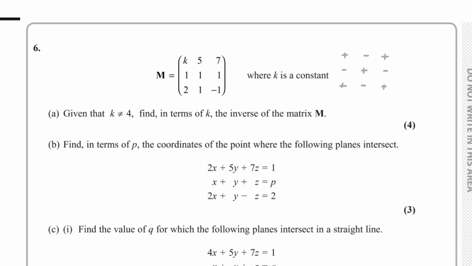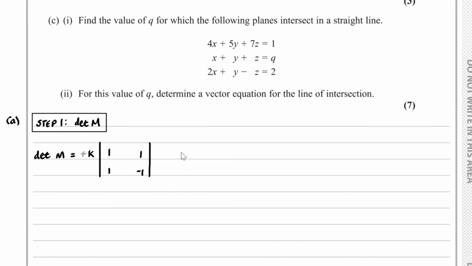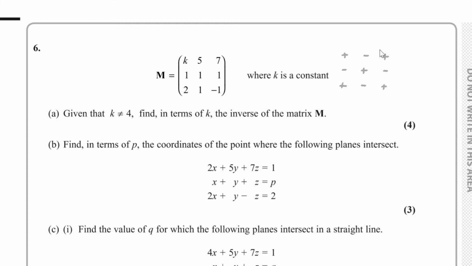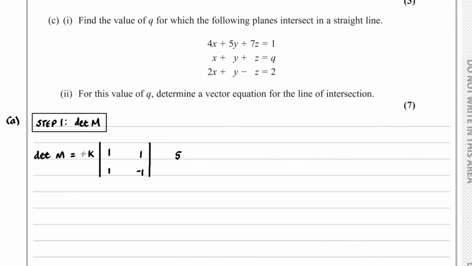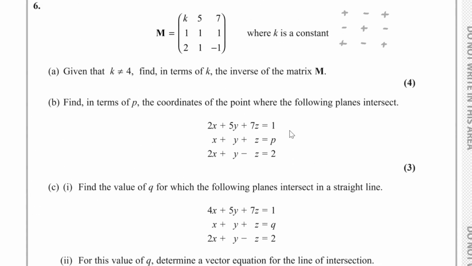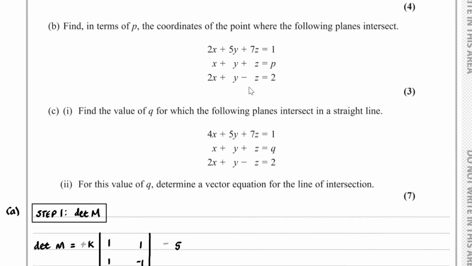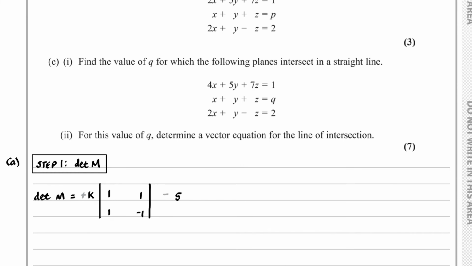And then we take a look at the next element, which is the 5. The sign associated with it is a minus. So we have minus 5. And then we cover up the row containing that 5, the column containing that 5, and then we take the determinant of what's left over. So you can see what's left over. We've got 1, 1, 2, minus 1 left over.